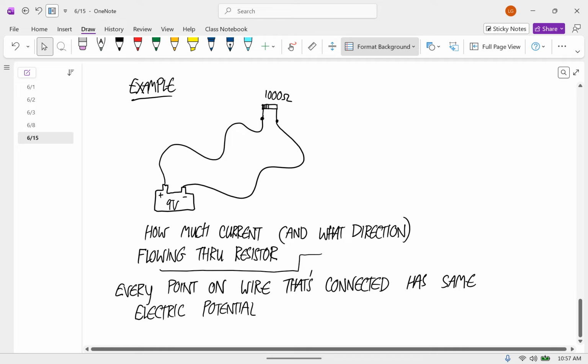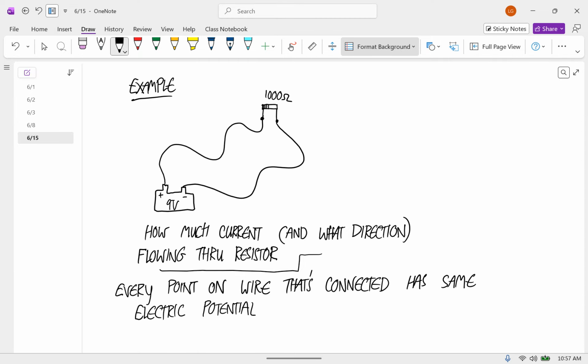So if you can get from one point to another and travel through nothing but wire, all of that has the same electric potential.